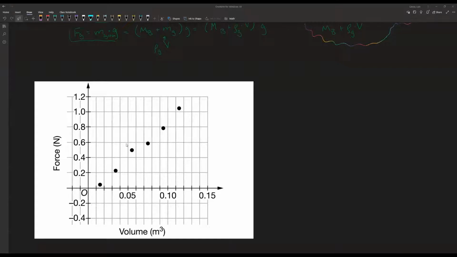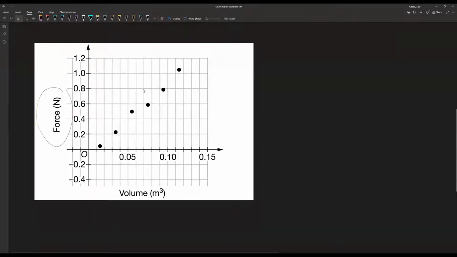Oh, okay. So they want us to find out how to generate this graph here. How are we going to get the force? How are we going to get the volume? So if we want to measure the force, or I'm assuming here this is the net force, not the gravitational force, not the buoyant force, but the net force.